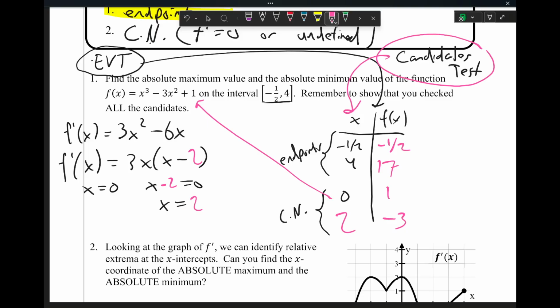Well, the so what is, because I did this candidates test and I listed out the values that would give me the absolute maxes or mins, the biggest y is the absolute max. So the absolute max is 17, and it occurs at x equals 4. Sometimes you're also asked where it occurs, but the max is 17, it's the y value. And what's the absolute min? -3. It's the smallest of these values.